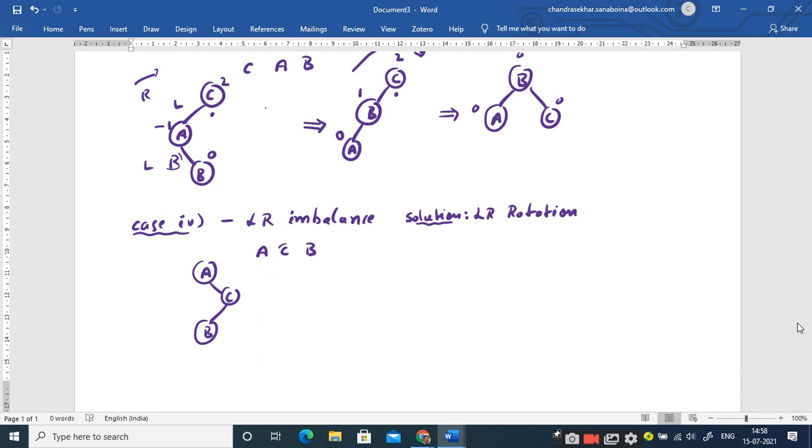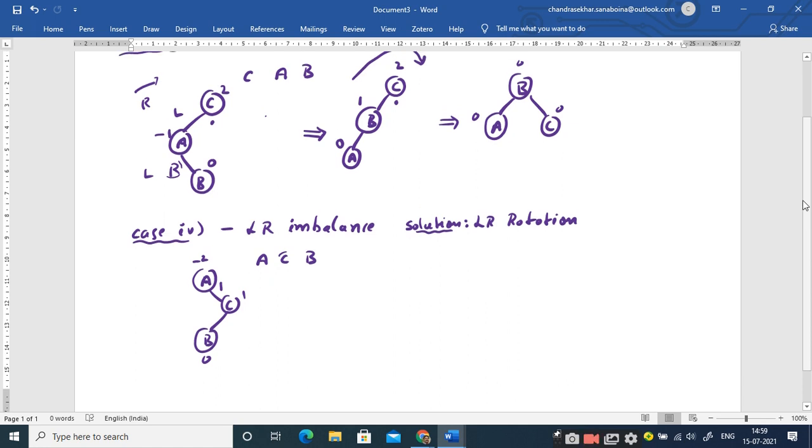Because the imbalance has happened because I have inserted a left child to the right child of A. Therefore, this is the LR rotation, LR imbalance.